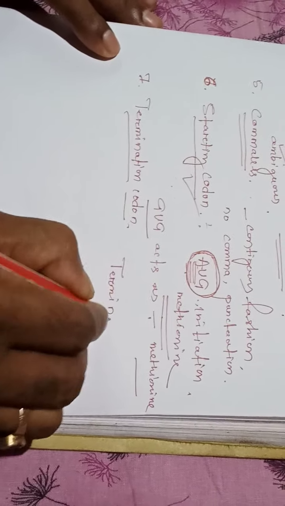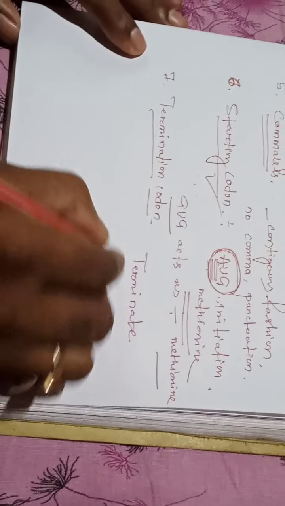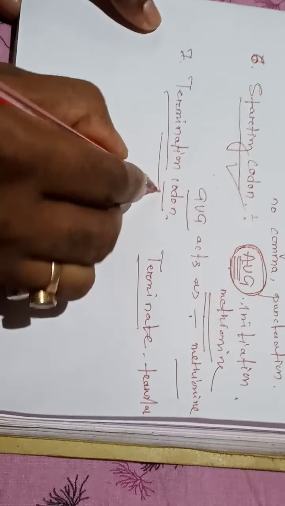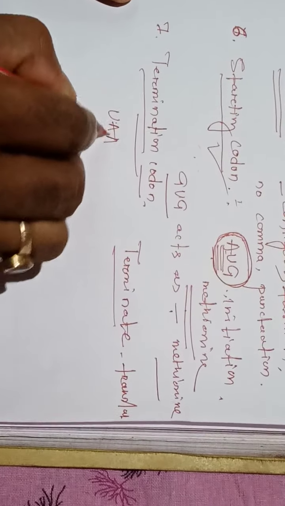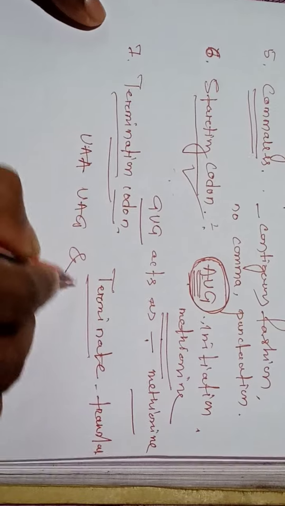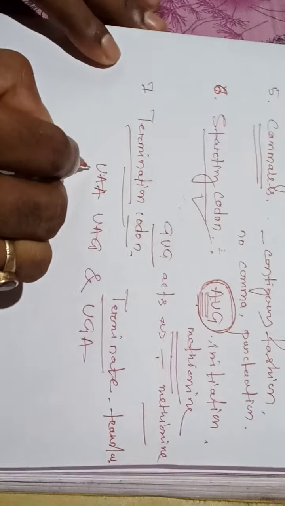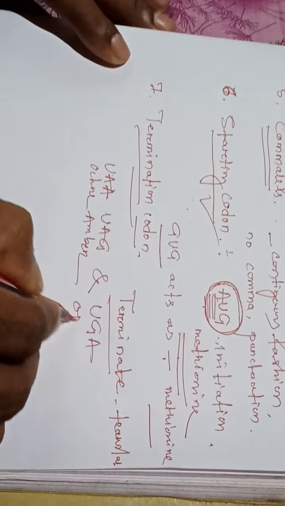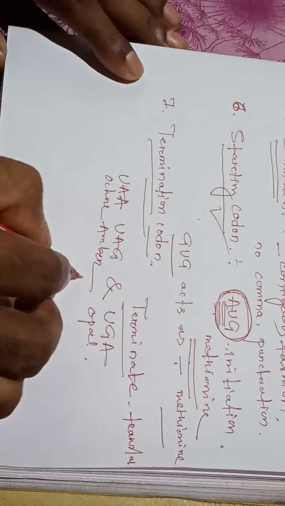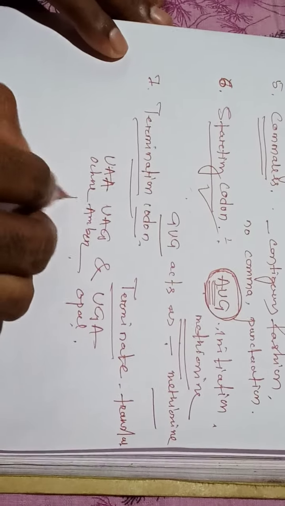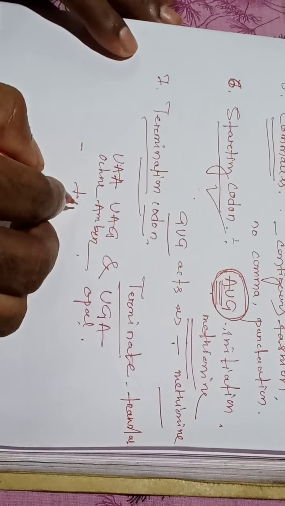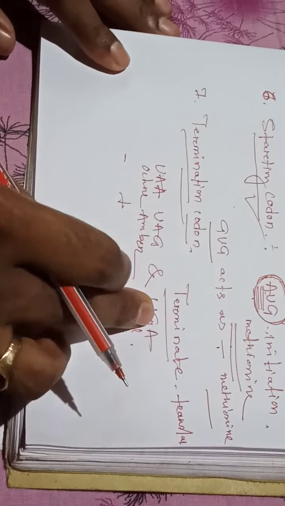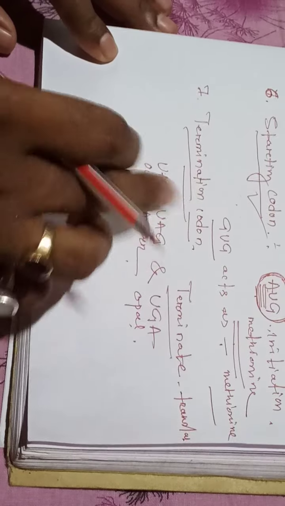There are three termination codons: UAA, UAG, and UGA, called ochre, amber, and opal. They signal the end of the translation process. These three codons are called termination codons, stop codons, or nonsense codons.